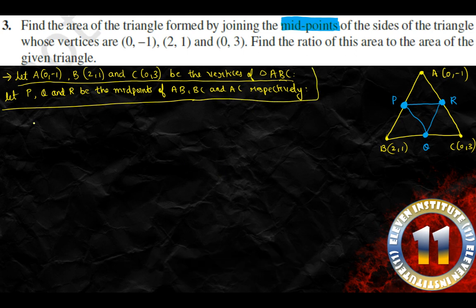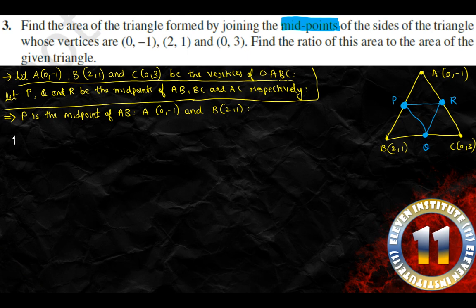So first we will find the coordinates of P. So we can give the heading over here that P is the midpoint of AB, where A is 0, -1 and B is 2, 1, right? So now let us apply the formula of midpoint.